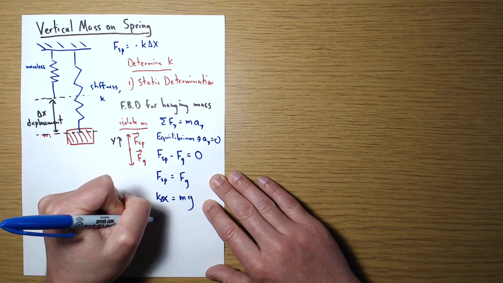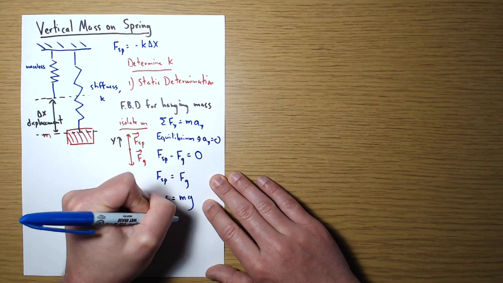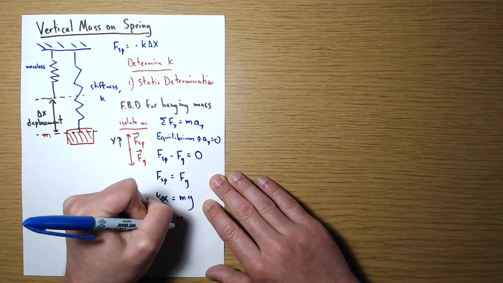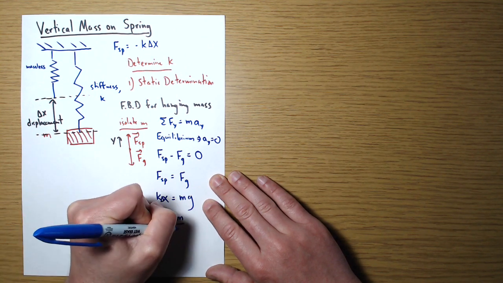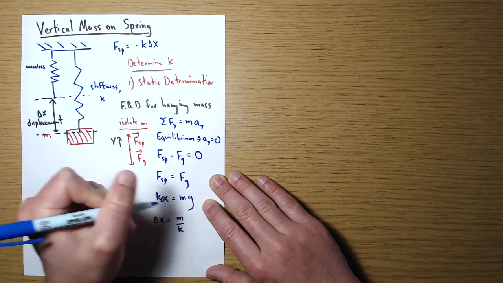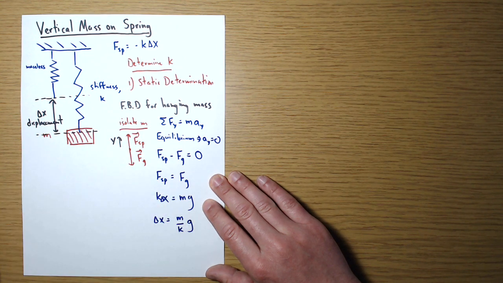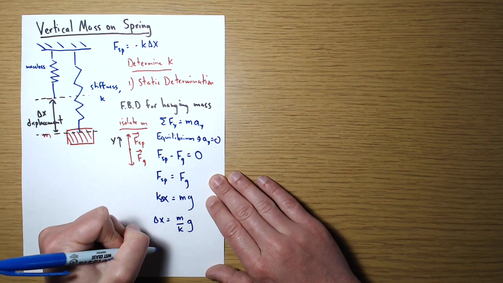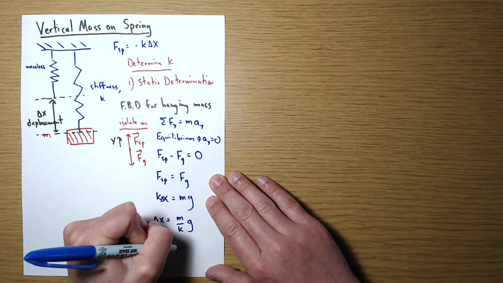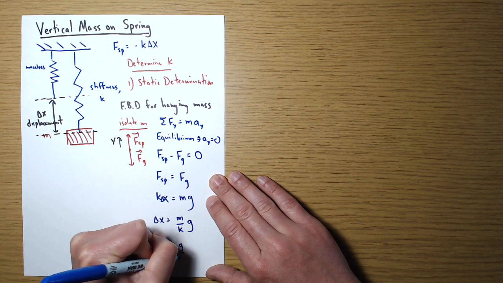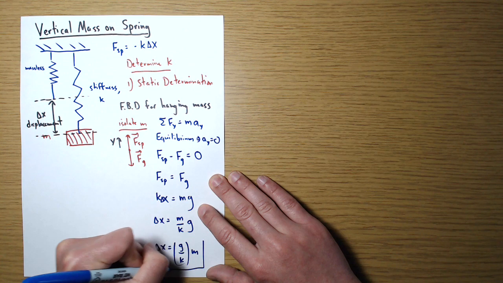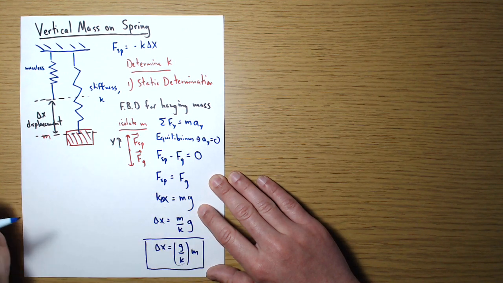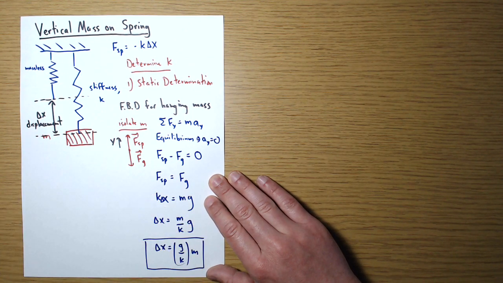So if I solve for delta x, I get m over k times g. Or another way I might write this is I might just switch around the m and the g, and I might write delta x equals g over k times m. Okay, so this expression right here simply comes from Newton's second law.